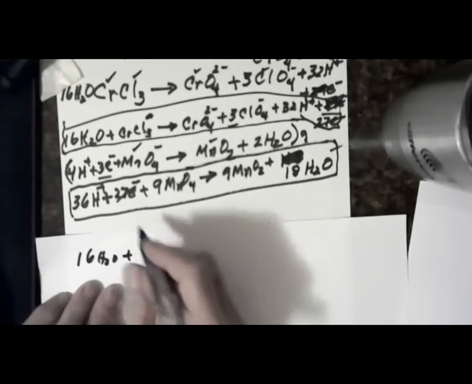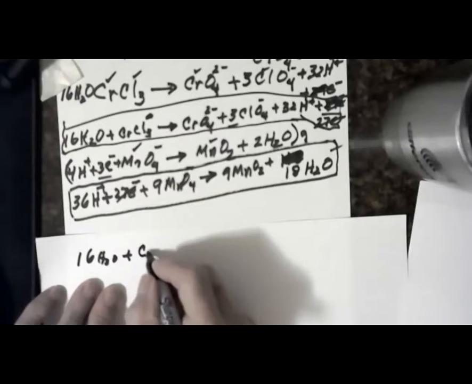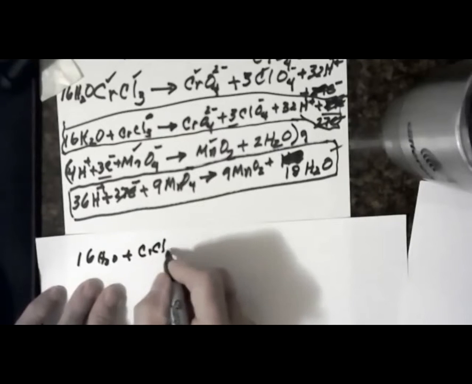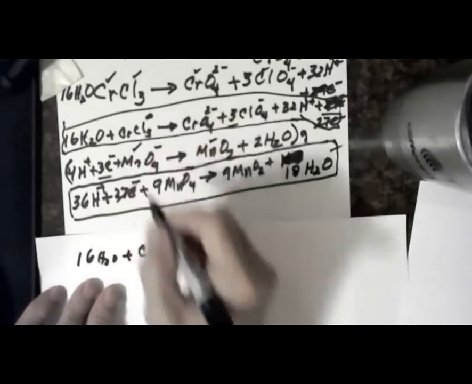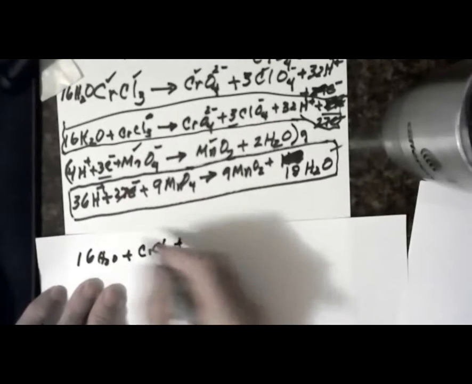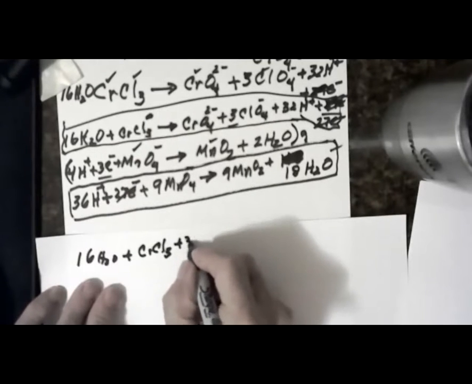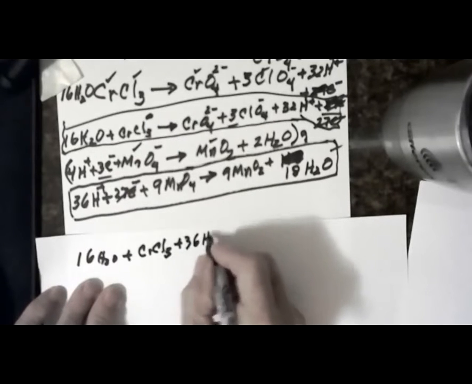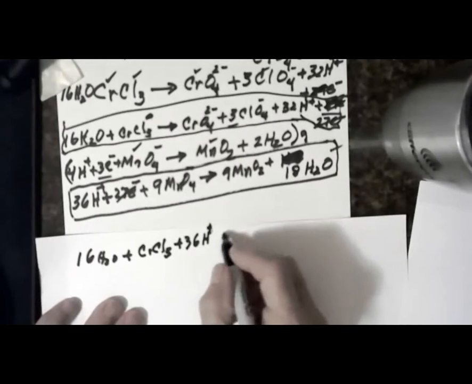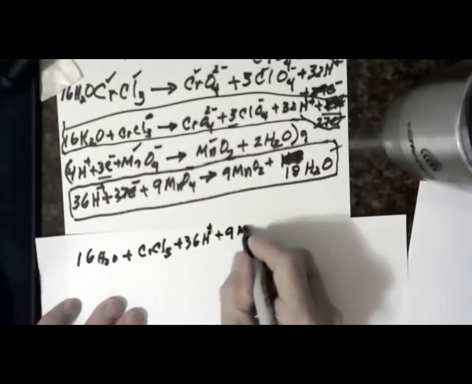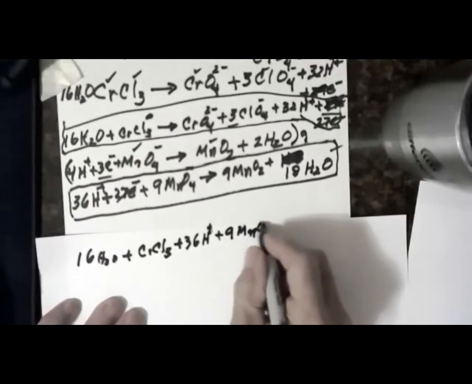I still have CrCl3, and that's everything to the left of the arrow there. I'm going to add to that 36 H+ and 9 MnO4-.